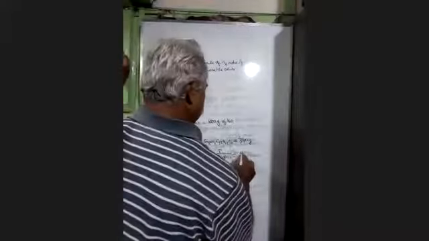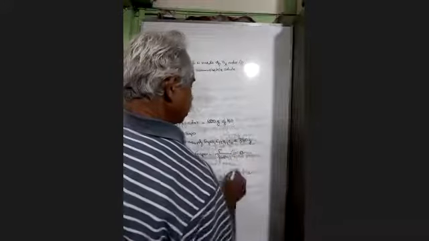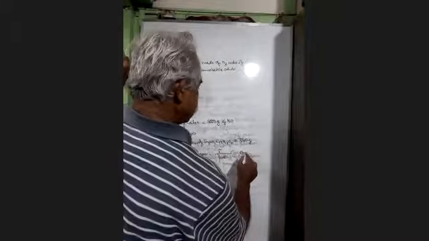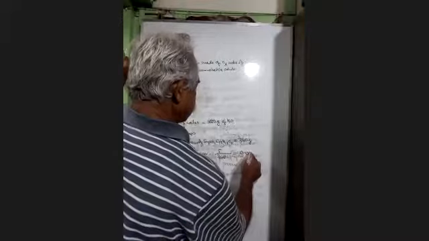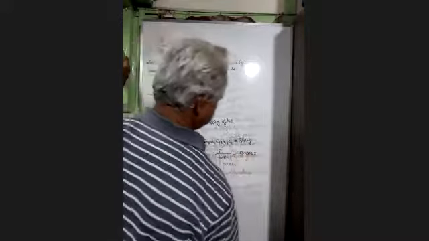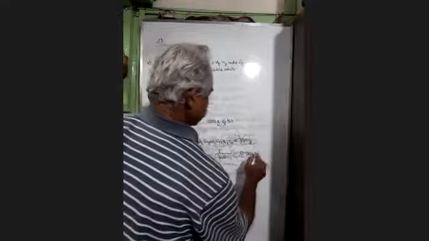Lazy girl. 0.0147. 0 point how much? 0147. 0.0147. Okay. So this much more.